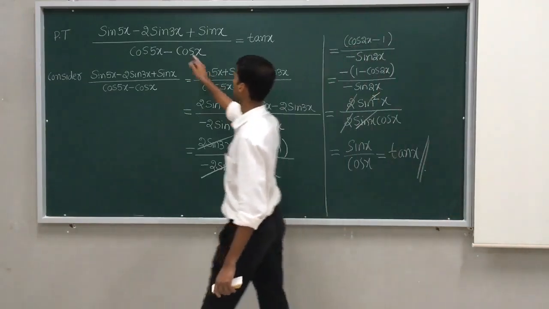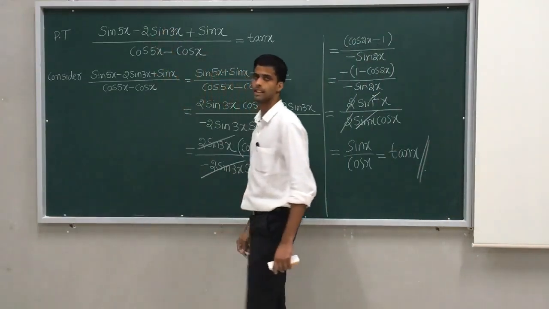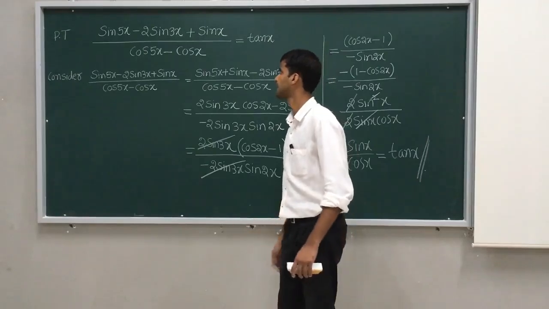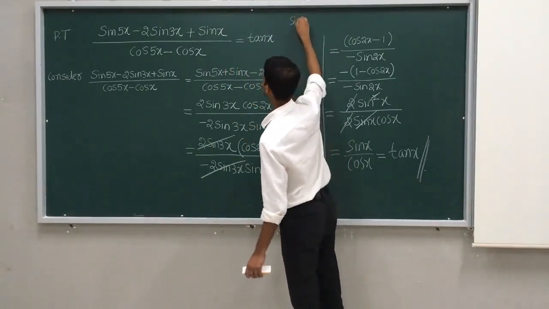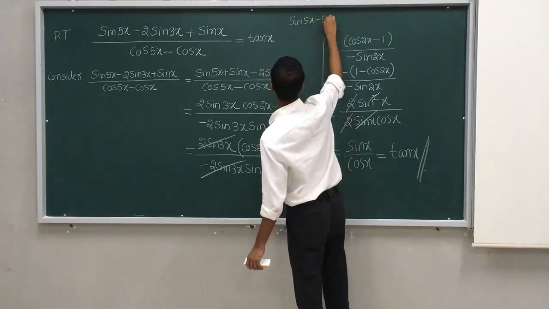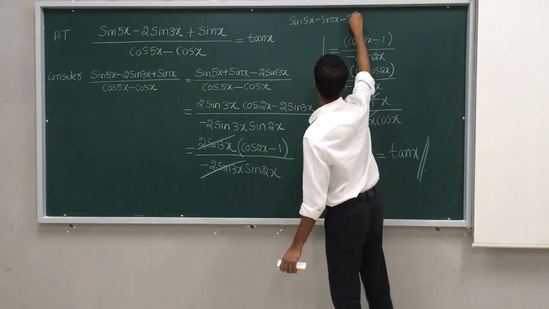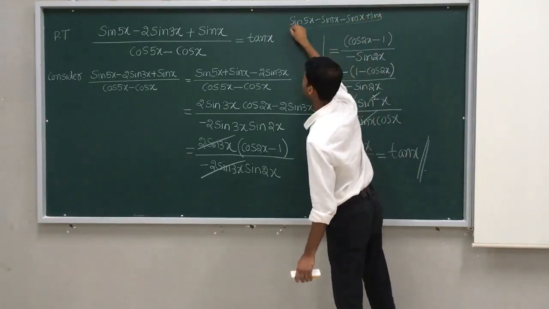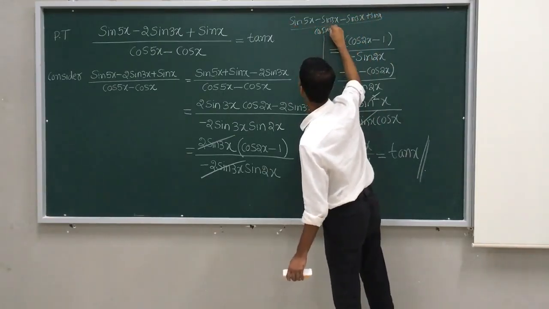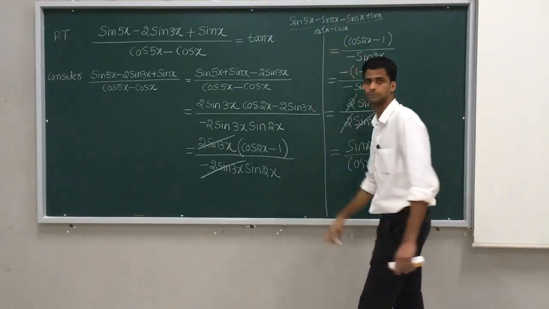Consider that minus 2 sin 3x as minus sin 3x minus sin 3x plus sin x. Consider the numerator expression as sin 5x minus sin 3x minus sin 3x plus sin x. Denominator you keep as it is, cos 5x minus cos x, and try to do it.